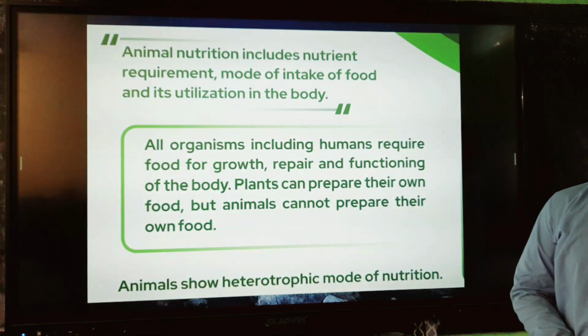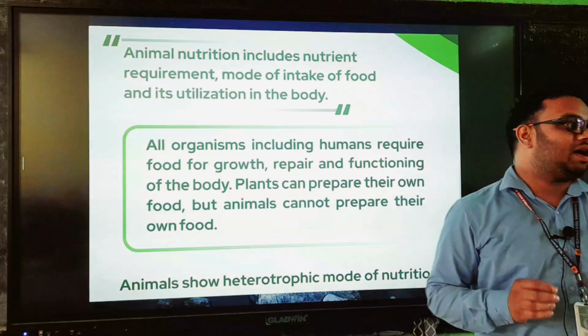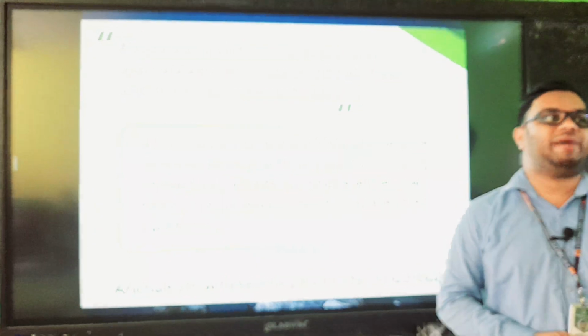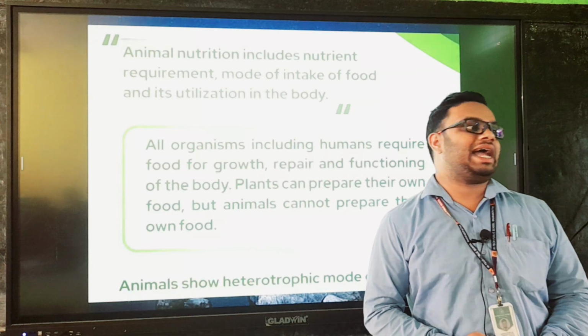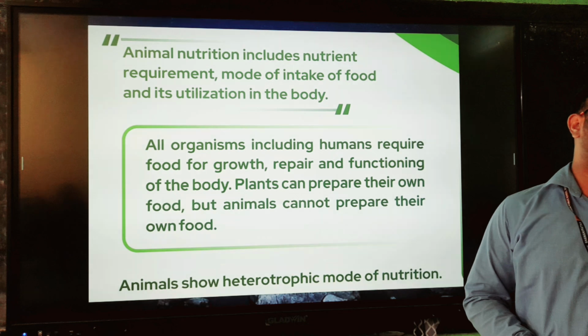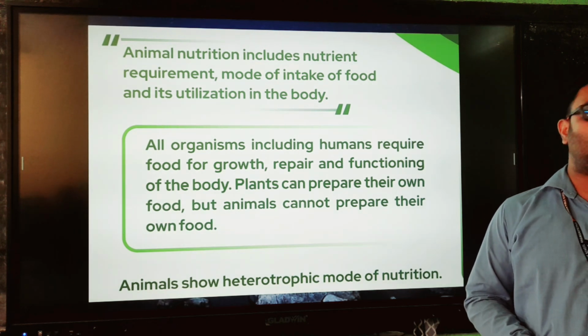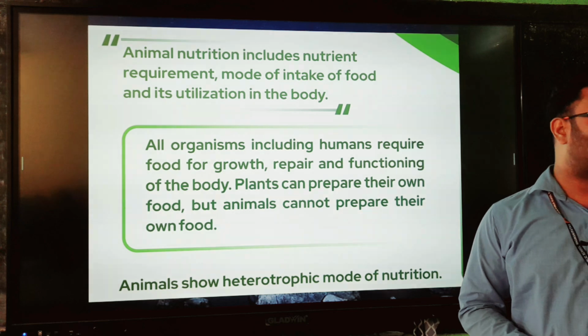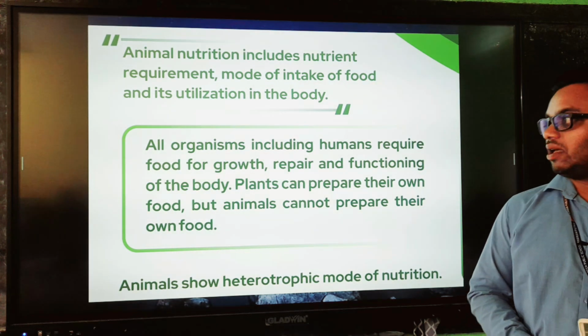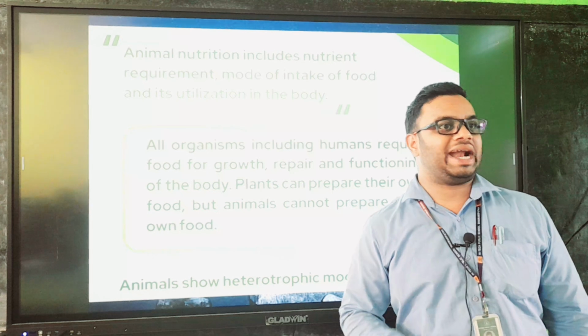In plants, we saw that plants have which one? Chlorophyll, the green pigment. With the help of chlorophyll, they can trap the sunlight and do the process of photosynthesis. In this process, they get their own food as well as make food for us. But we do not have chlorophyll, so we are heterotrophs.